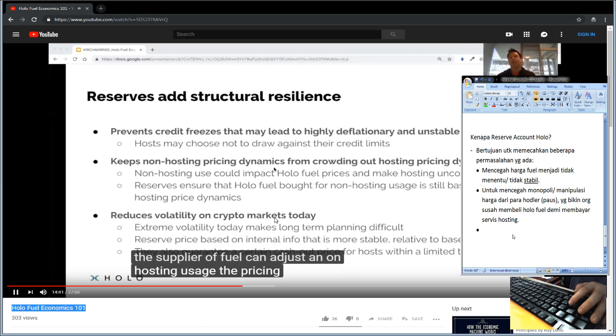The pricing is always linked to host. And therefore the supply change overall is based on the supply and demand dynamics of hosting, not the general economy.